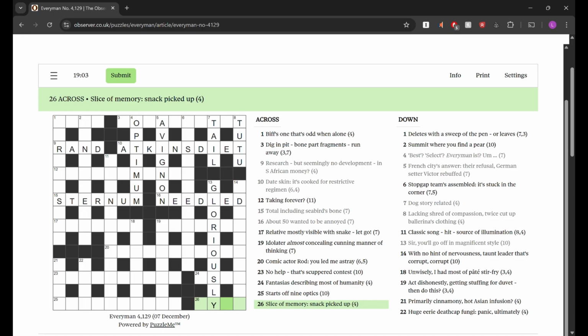Let's go 26 across. Slice of memory. Snack picked up. Maybe slice of memory would be like a byte, like a kilobyte, megabyte in terms of computers. Is it a hidden clue? Slice of. We've got a Y there. Picked up. Reversal indicator, possibly.